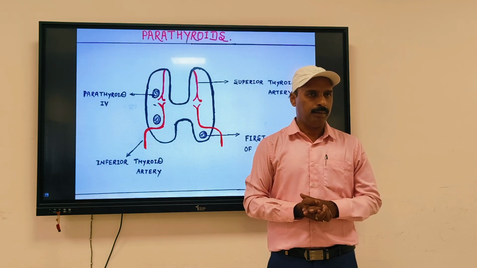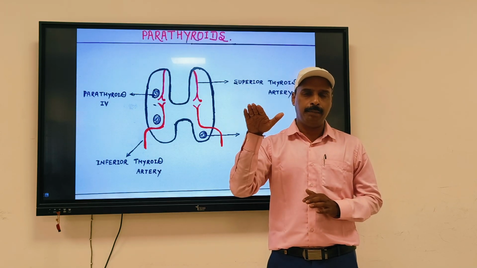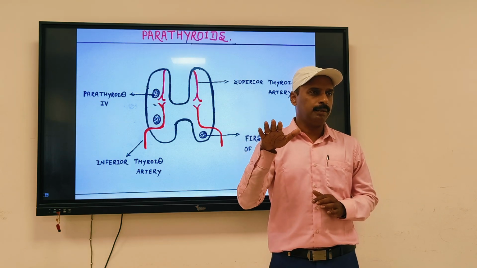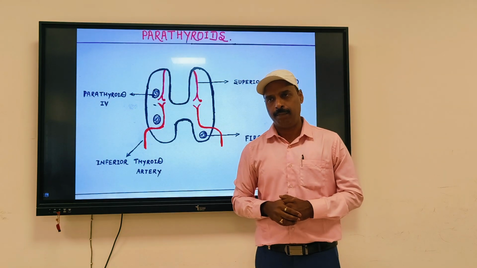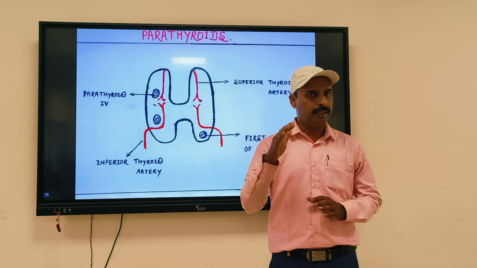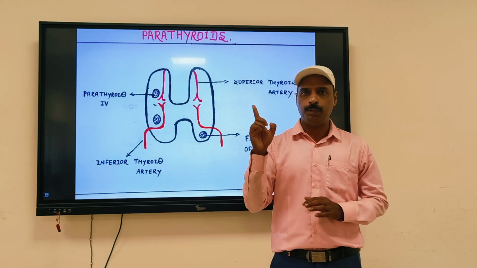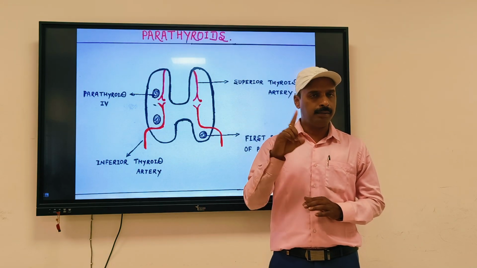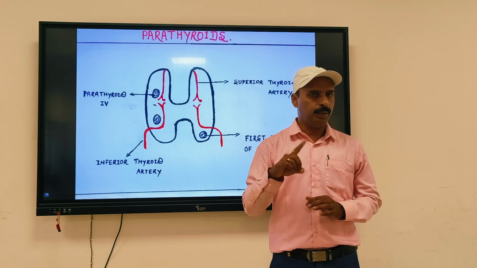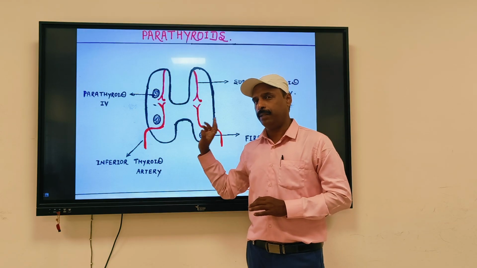Then it is not maintaining the blood calcium level whenever required. Then it will cause hypocalcemia, and that we call tetany. Tetany is a condition; you should not confuse tetanus and tetany. Tetany is hypocalcemia due to hypoparathyroidism.